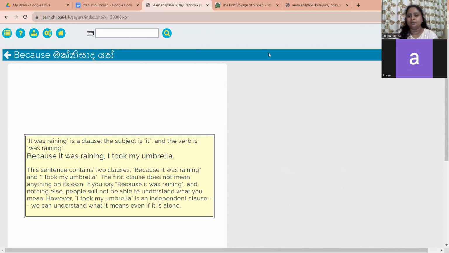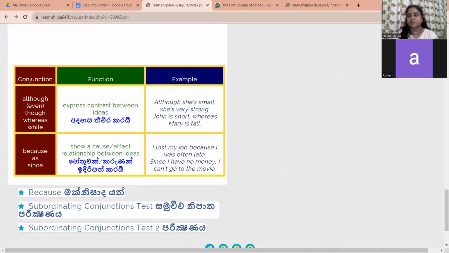අපි කලින් කිව්වා subordinate conjunctions use කරන්න කියලා. මොකද හේතුවක් කරුණක් ඉදිරිපත් කරන්න. Because it was raining. හේතුව.